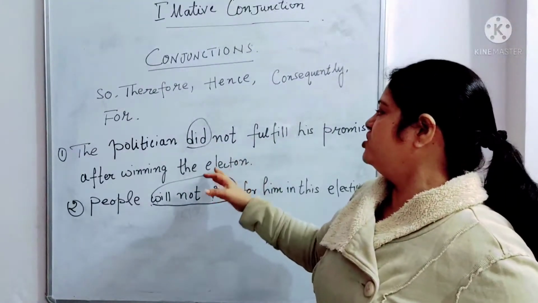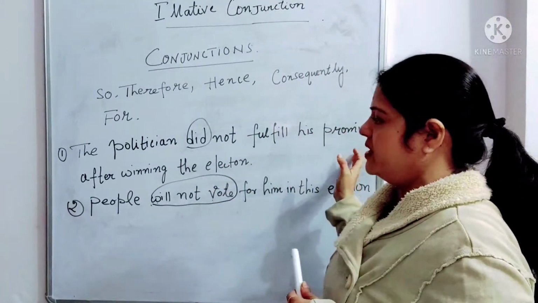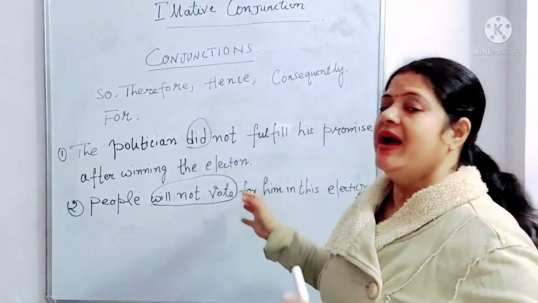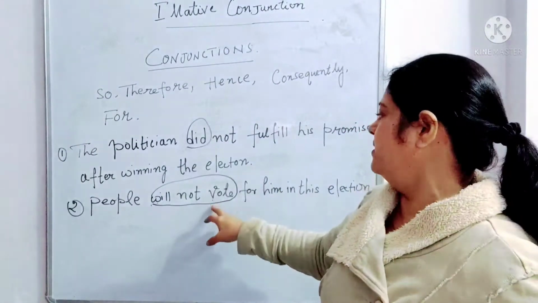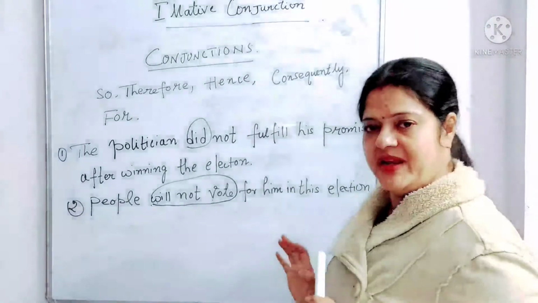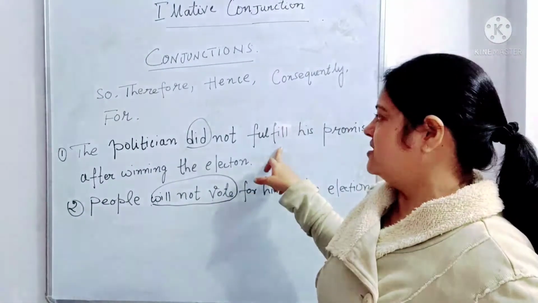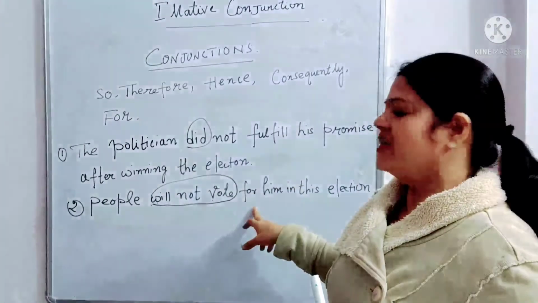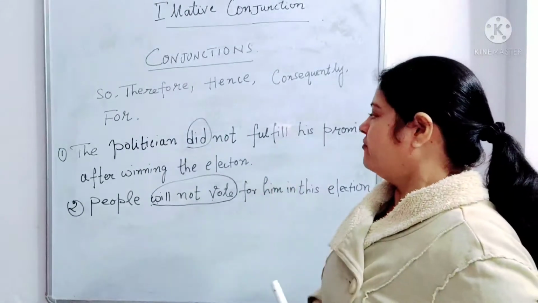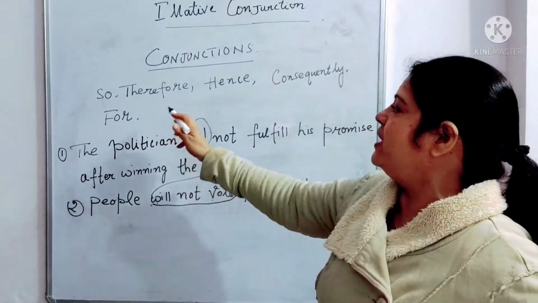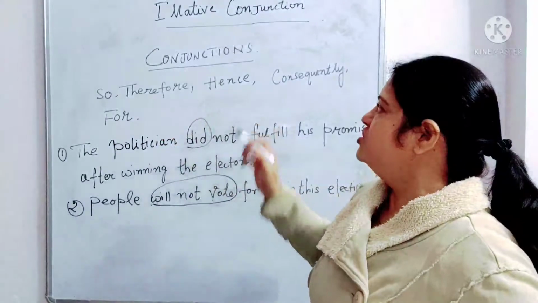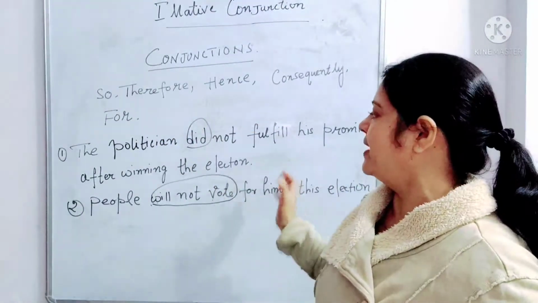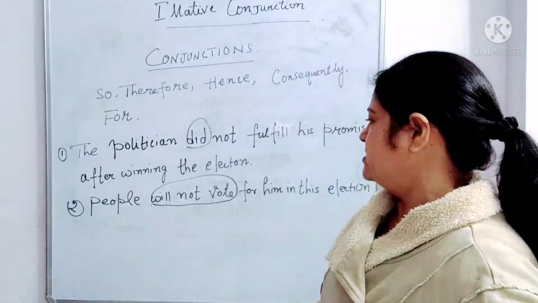It means the politician did not fulfill his promise after winning the election, and this is the reason that people will not vote for him in this election. Okay. So this sentence is showing reason and this one is showing result. So what we'll do is use any of these elective conjunctions to combine these two simple sentences.